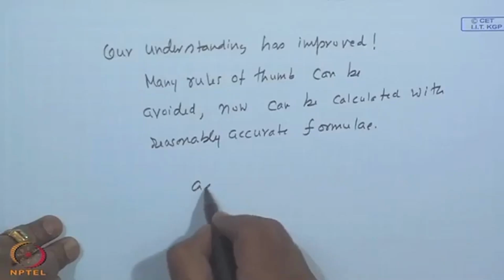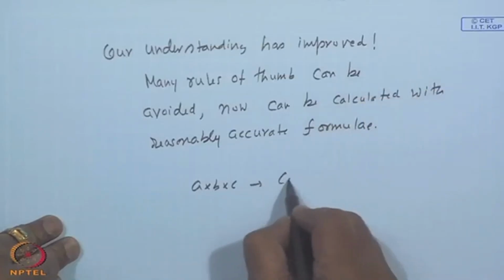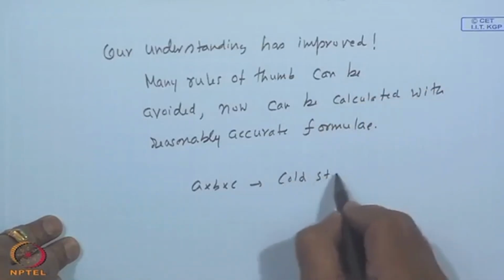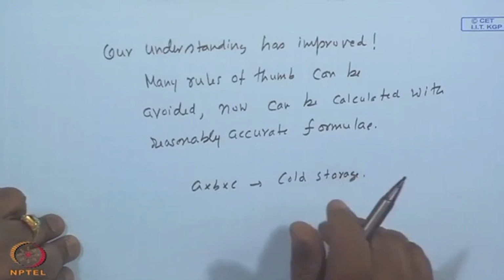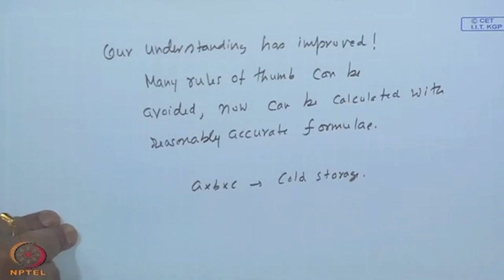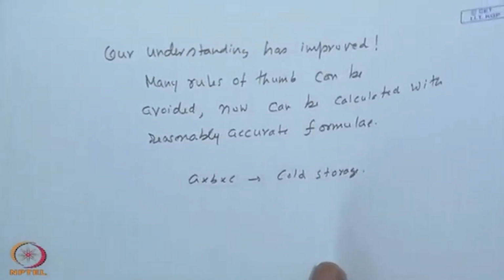Similarly, even if you consider a cold storage, you can choose a good orientation and A by B by C or land area by the height ratio of a cold storage such that it receives the minimum solar radiation, because subject to certain constraints like a certain height, you can play with A, B and what direction it faces, south, north, east or something else, and this may help in reducing the heat load on the structure, similarly on any other building.